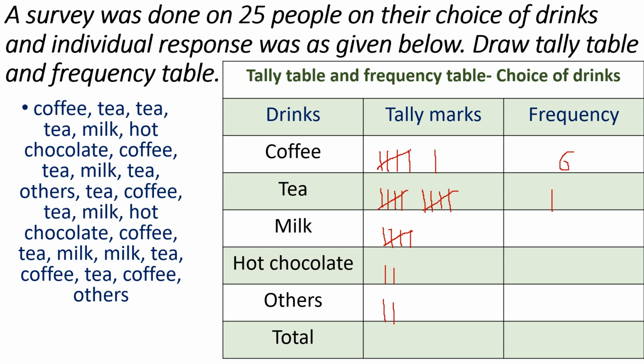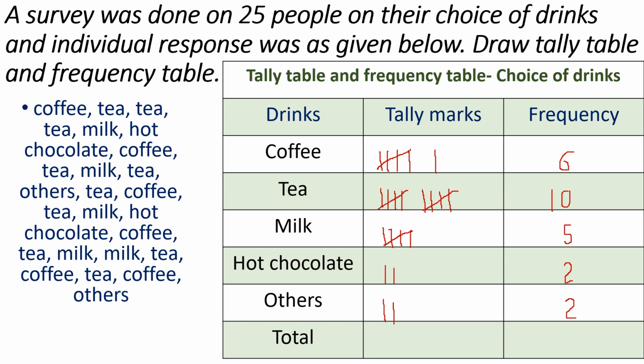It means it is 10. 5 plus 5, 10. Then for milk it is 5. Then for hot chocolate it is 2. And then for others it is 2.